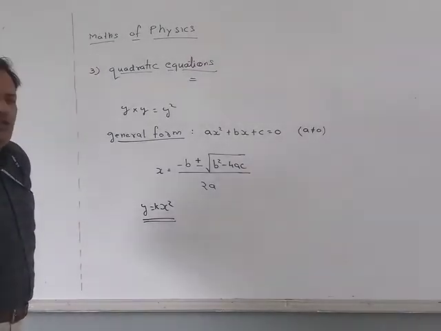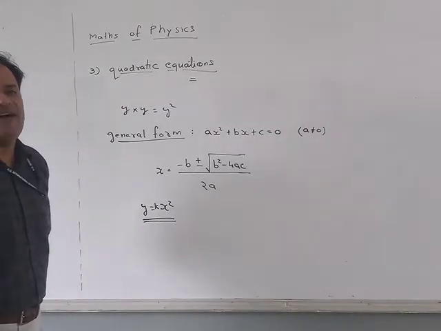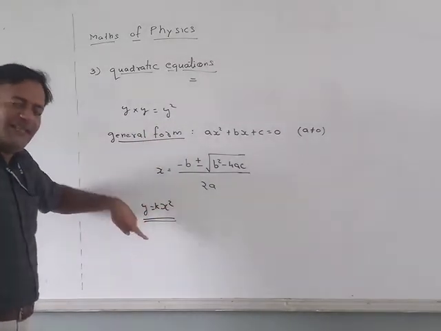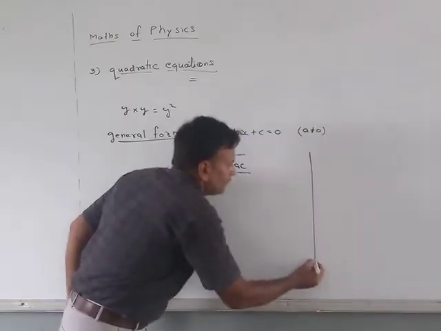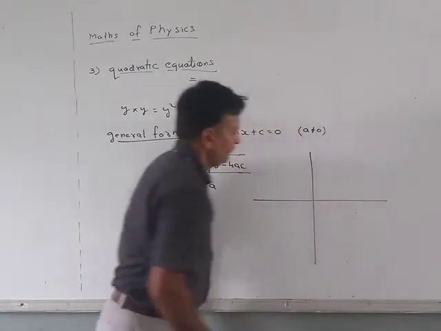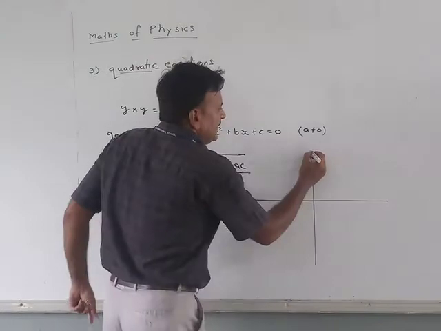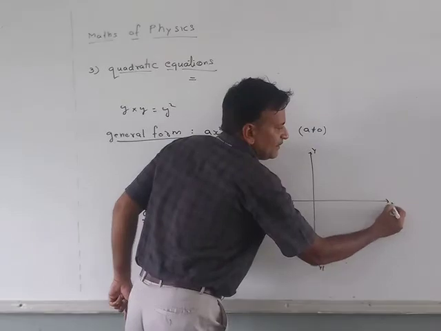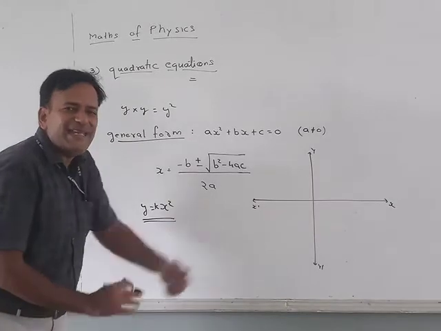Now, the only new thing that we have to learn in quadratic equations is how to draw the graph of this, not the general form, this one. The graph of this equation will be like this. This is the y-axis, this is the x-axis, and now if I draw this, what do I get?